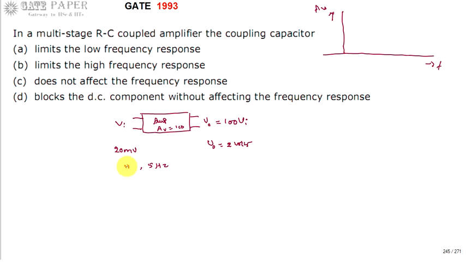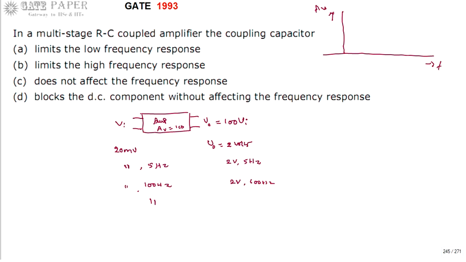If you apply 20 millivolts at 5 hertz, are you going to get 2 volts at 5 hertz? And if you go with 100 hertz, are you going to get the same 2 volts? Ideally you should get 2 volts at 100 hertz.